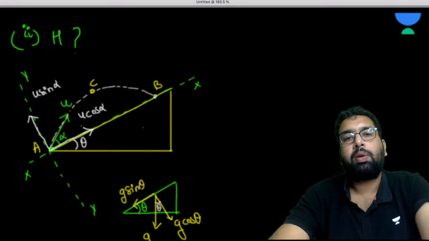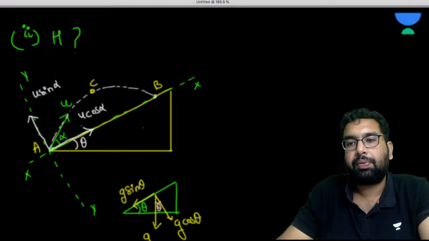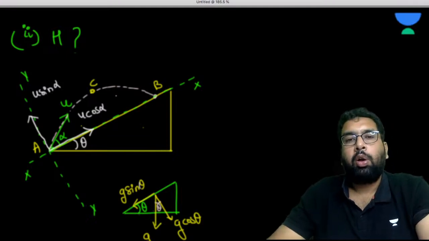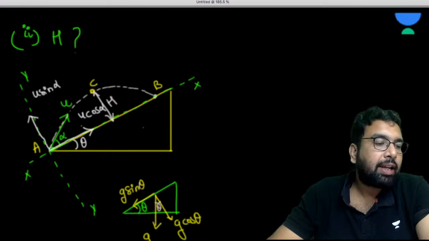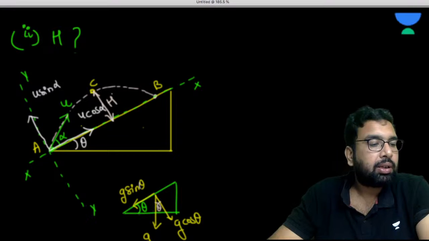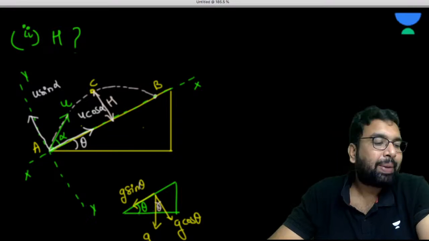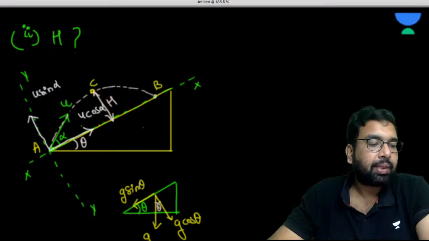Now please observe. What is the maximum height we are referring to here? This is the h we are referring to, because we are considering h from this plane, that is our x. Are you getting my point?